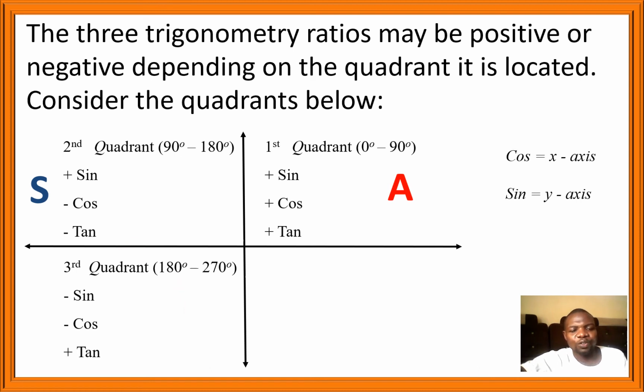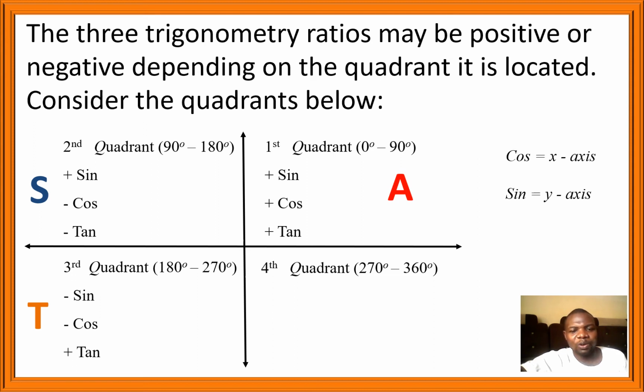But that of tan should be positive because we said one of the ratios should be positive. So we represent the positive ratio, that is tan, by T in the third quadrant. And let's look at the final, the fourth quadrant. Angles within this quadrant lie between 270 degrees and 360 degrees.